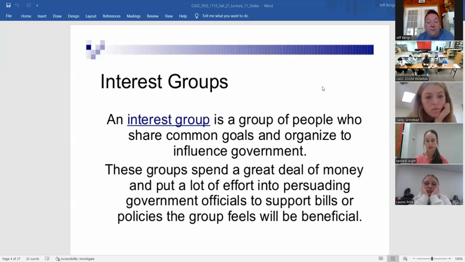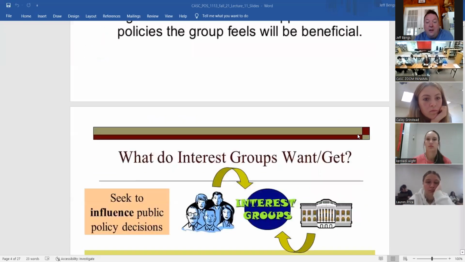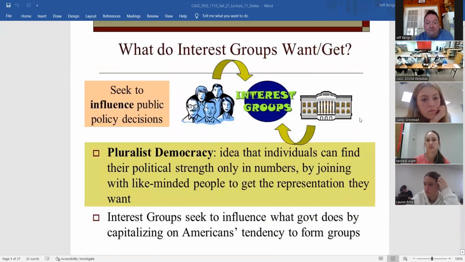Interest groups are influencing the policy of governments. They too spend a lot of money and they put in a lot of effort to try to persuade the leaders in government to either support bills that they want to be passed, or for the legislatures to make bills with interests that are very important to them.